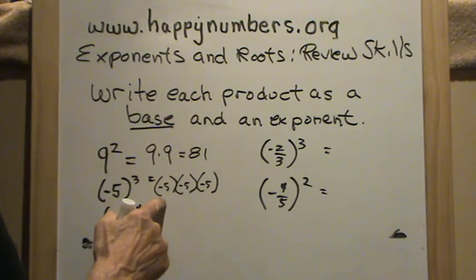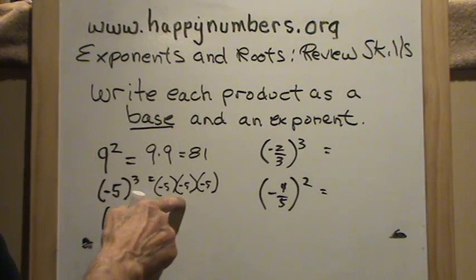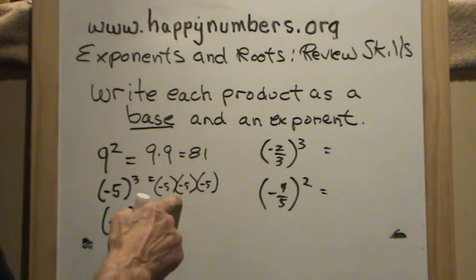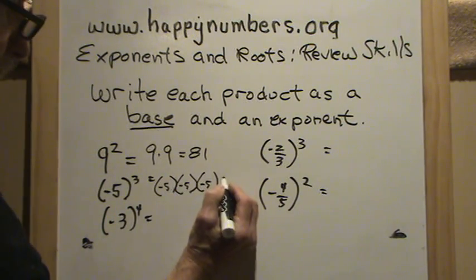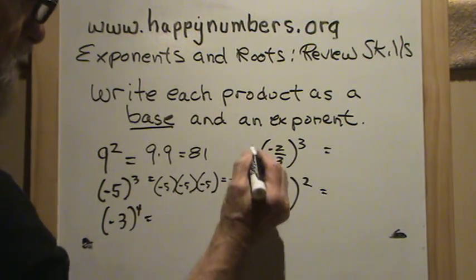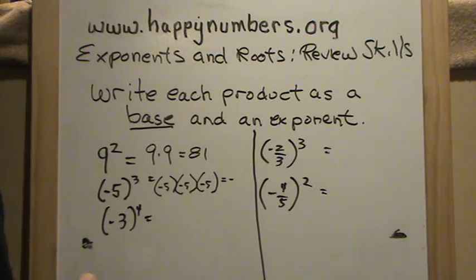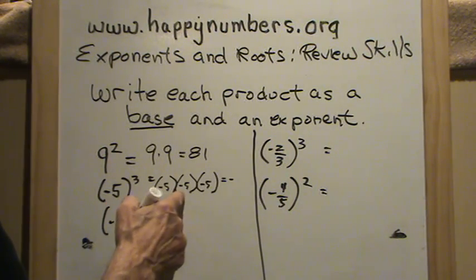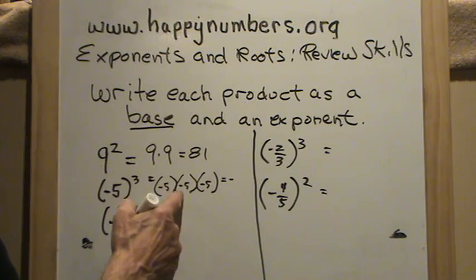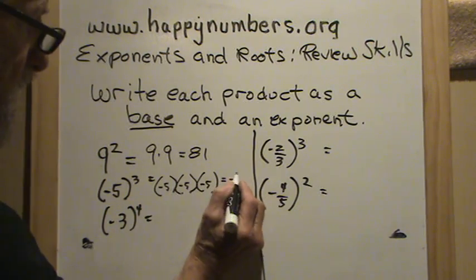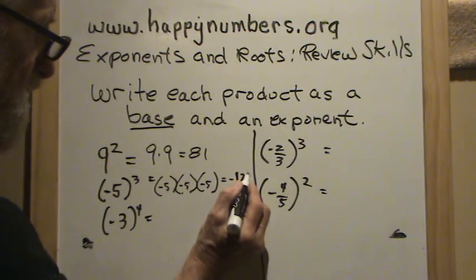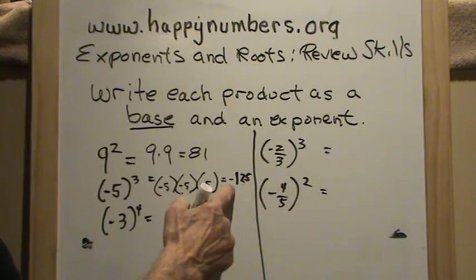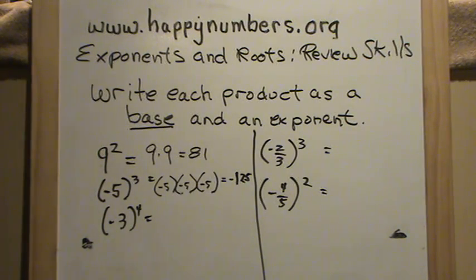Well, we have a negative times a negative, which will give us a positive, and then we have a positive times a negative. So we know our answer is going to be negative. Let me just draw a line here. And 5 times 5 is 25, and 25 times 5 is 125. So our answer is -125.